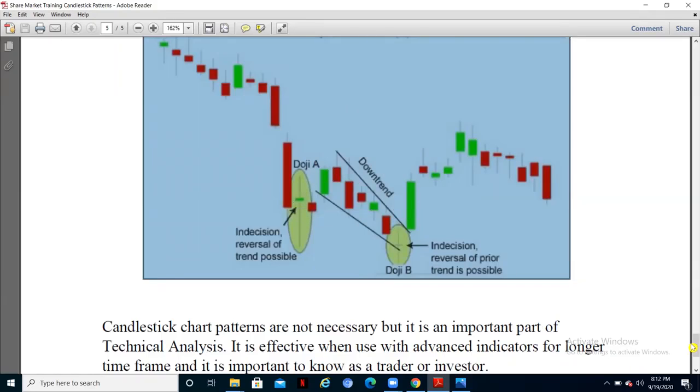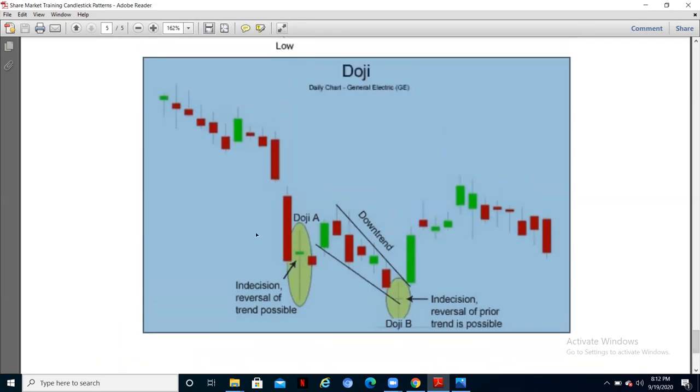For example, the second candle from the top is also a doji. Then the last green candle is also a doji. So any candle which is having a big shadow with a comparatively small candle's body is a sign of reversal, that is a doji only. The stock is going to reverse from there.